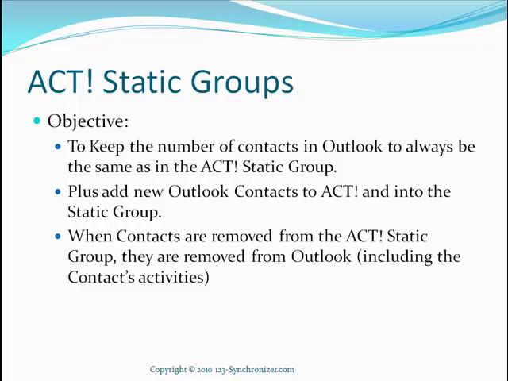And finally, if an ACT contact is removed from that group, we want all the remnants of that contact to be removed in Outlook as well, i.e. not only the contact but all the activities. Well, we provide a setting that will do exactly that. It keeps ACT groups with Outlook fully synchronized. Let me show you how this works.